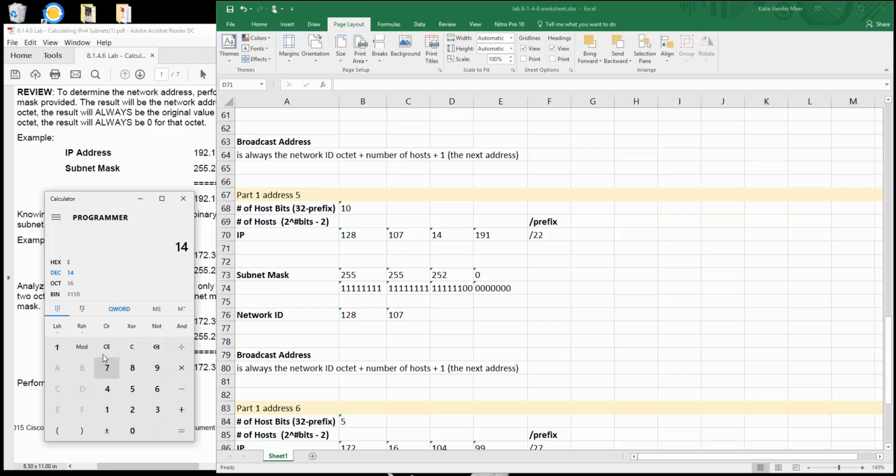Clear. 14. Okay, when you have something like 4 numbers, that means there are 4 leading zeros. So the binary equivalent to 14 is 4 zeros, then 1, 1, 1, 0. There. So we have 8 numbers.